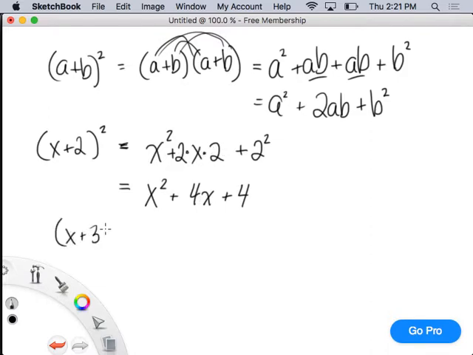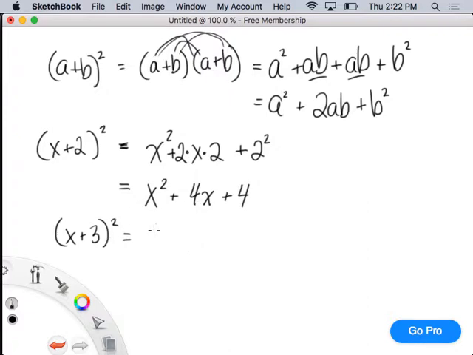So, okay. Everybody do x plus 3 squared now. Okay.